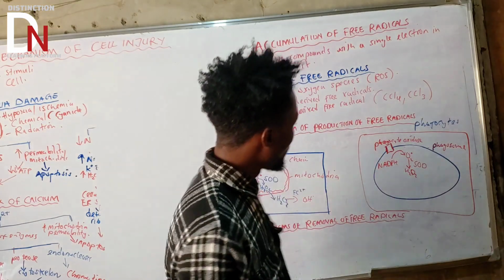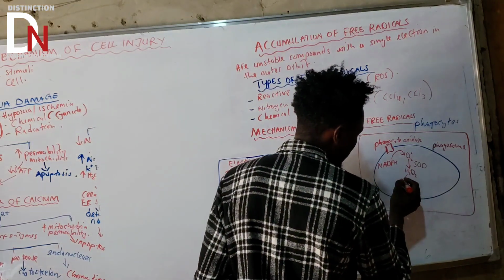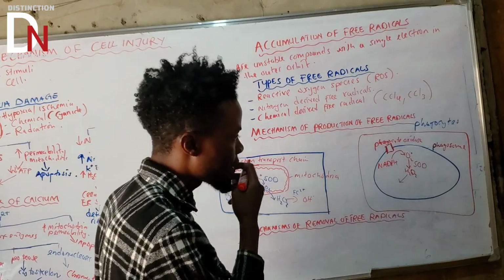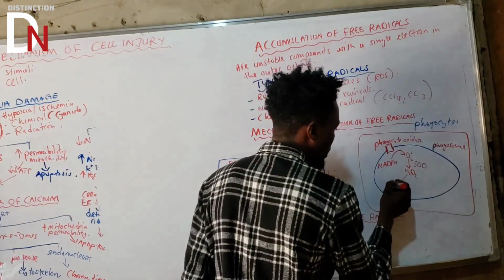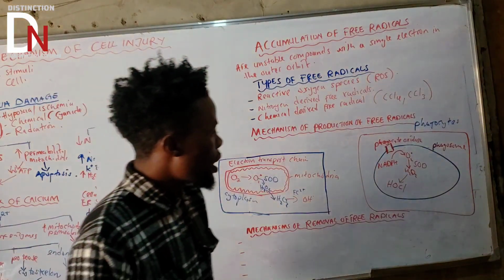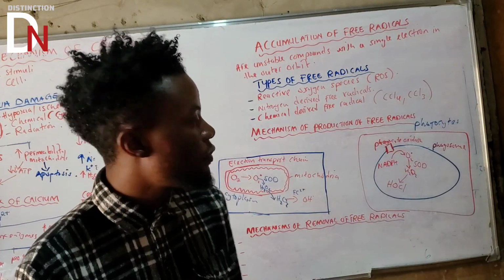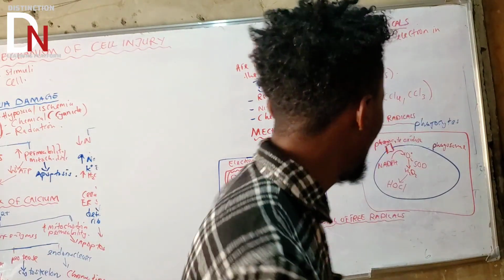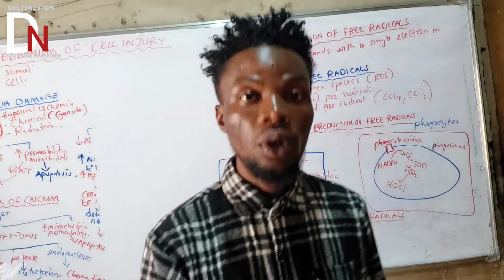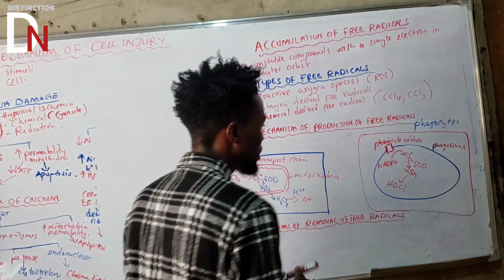Okay, so now what is that substance? We call it hypochlorous acid. So now what is that enzyme that's going to convert hydrogen peroxide into hypochlorous acid? We call it myeloperoxidase. Very, very important enzyme.